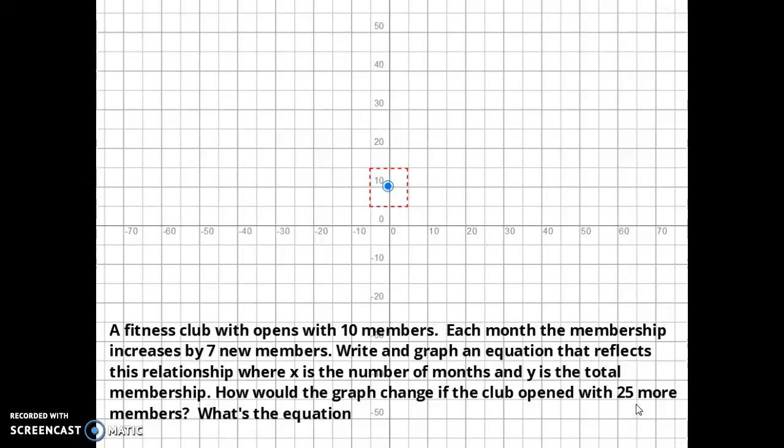Each month it is increasing by 7 new members. So we are going to start with our 10 and we're going to increase by 7, and the key words here are each month. Each month tells me that it's going to be multiplying. We're going to multiply 7 by each month. So here's my equation.